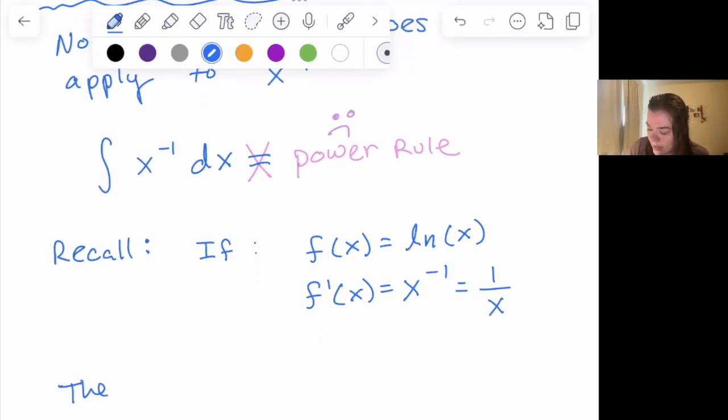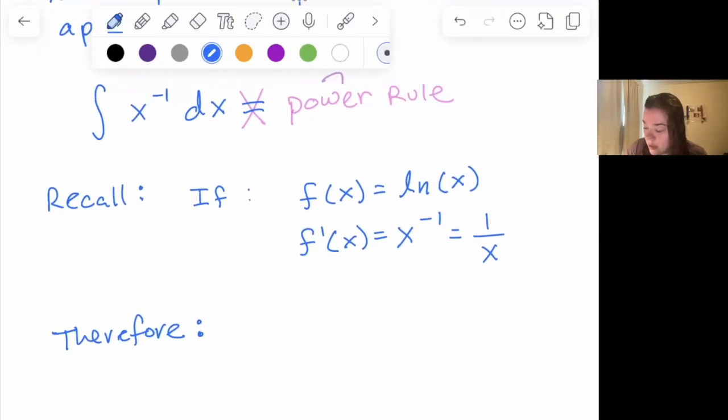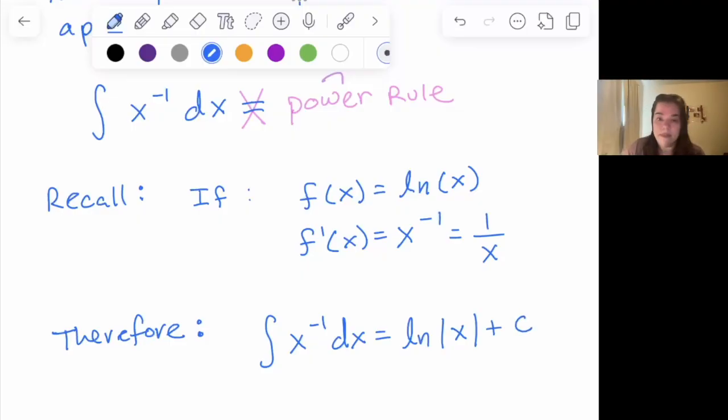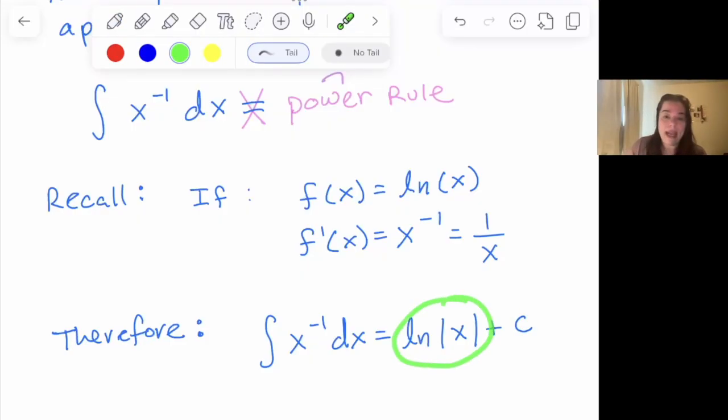Therefore, this is an integration rule your teacher will probably discuss, but usually introduces during the power rule section. Therefore, the antiderivative of x to the negative 1 dx is equal to the natural log of the absolute value of x plus c.